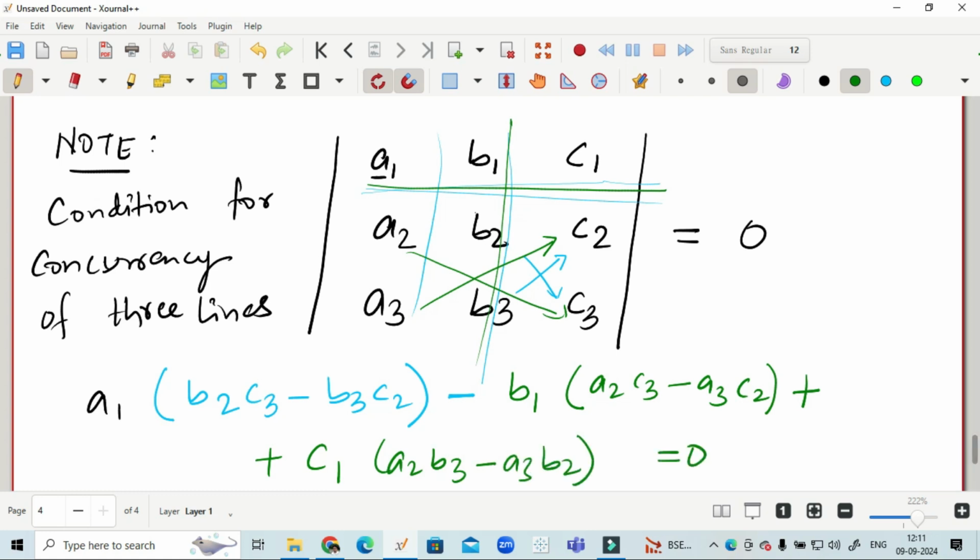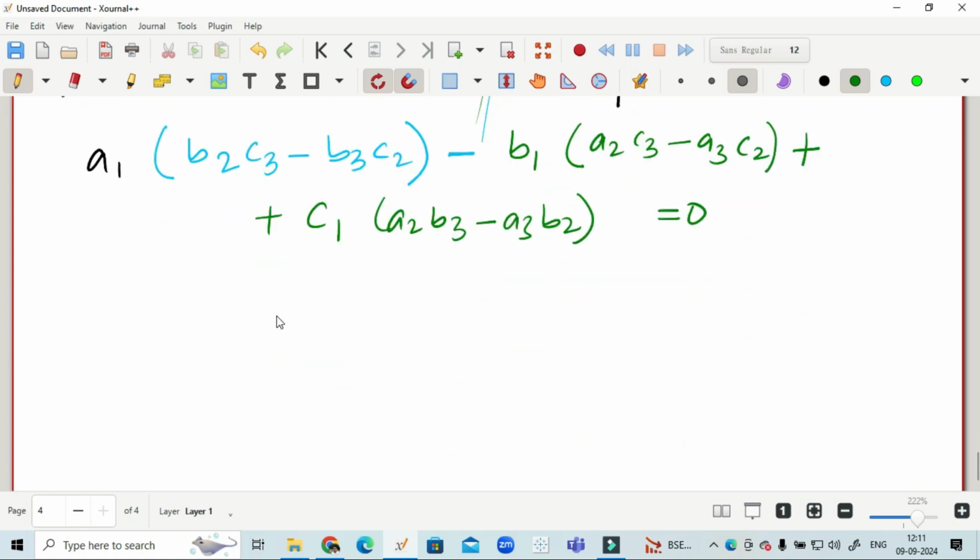This is equal to 0. On simplification, clearly it is understood that a1(b2c3 - b3c2) and so on sum to 0.